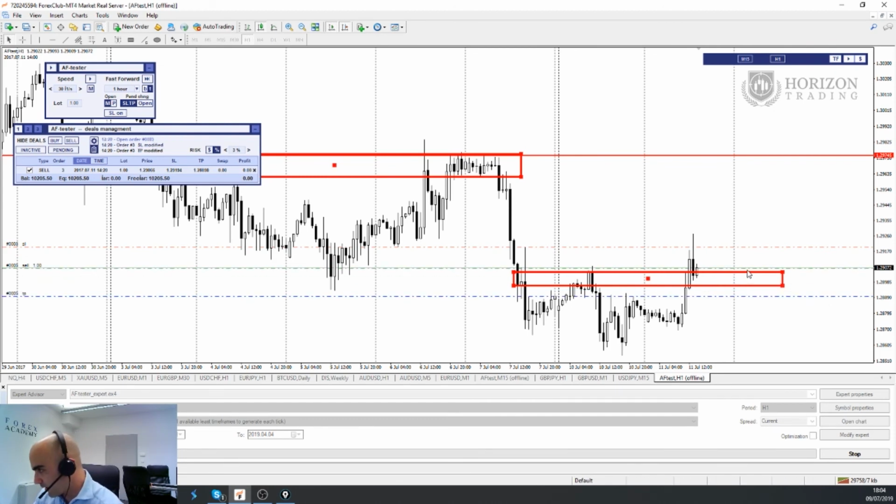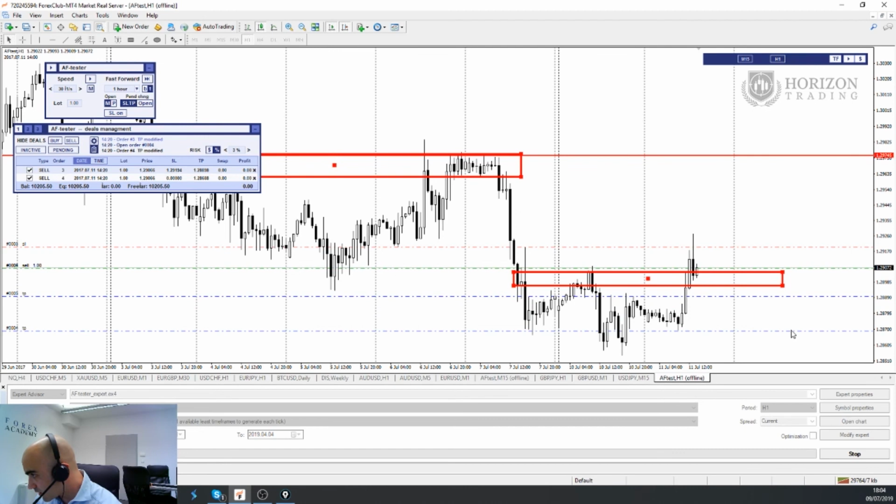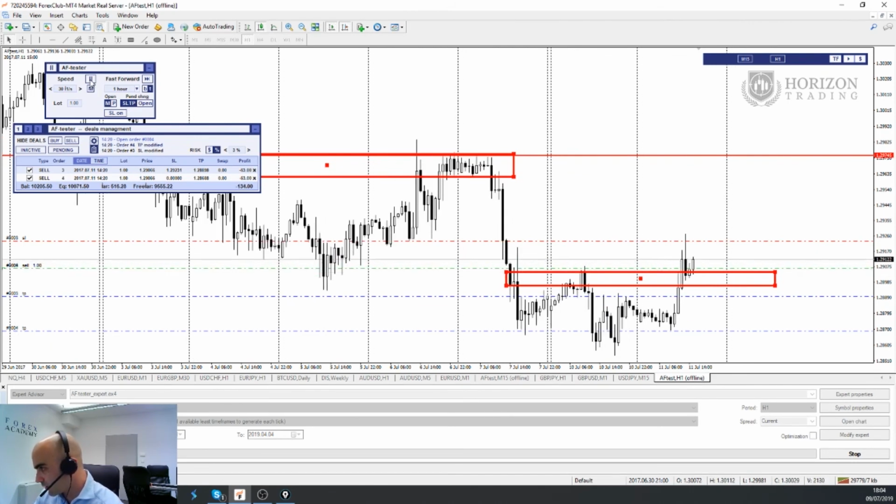Probably I will open more than one trade. And then we will go ahead putting the stop loss on the break even for the first trade. Let's see how things will go.